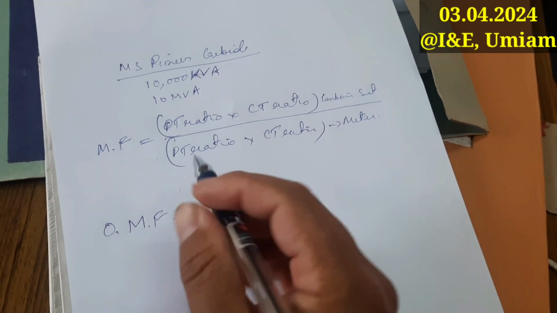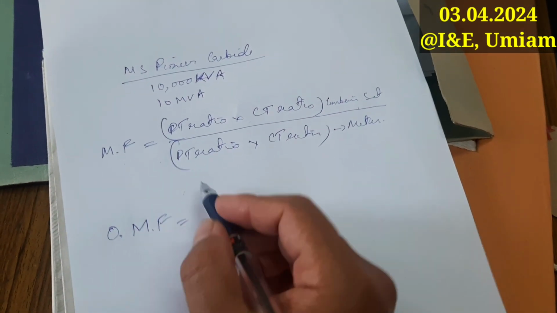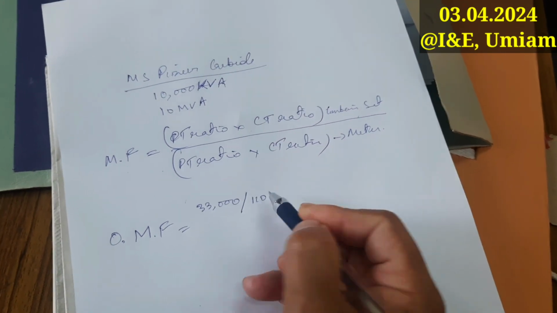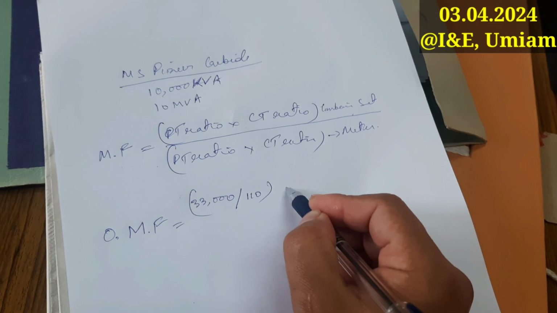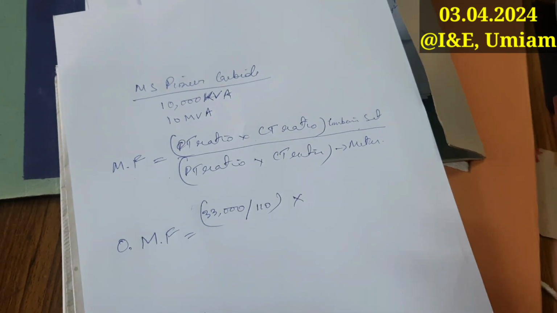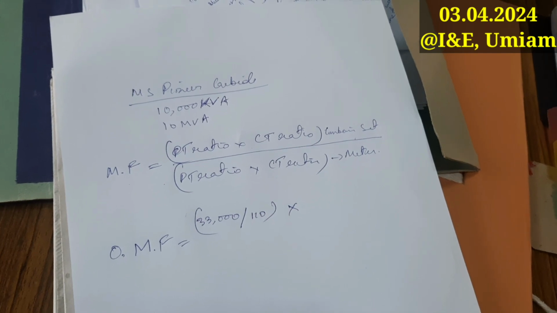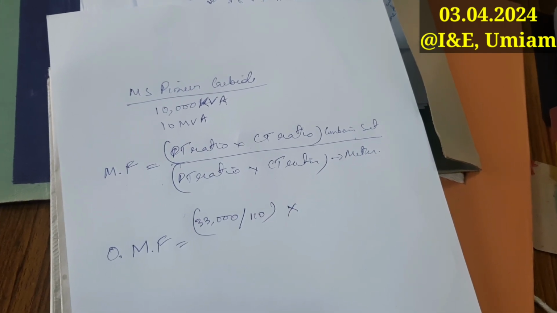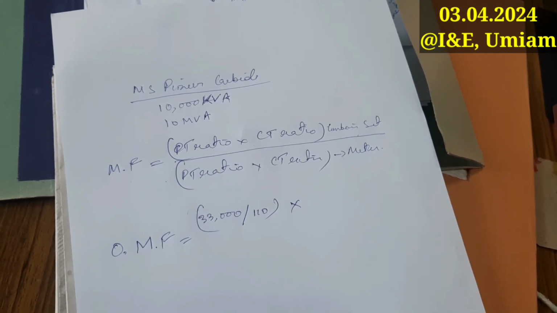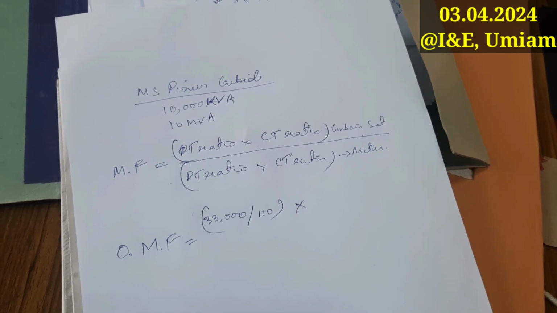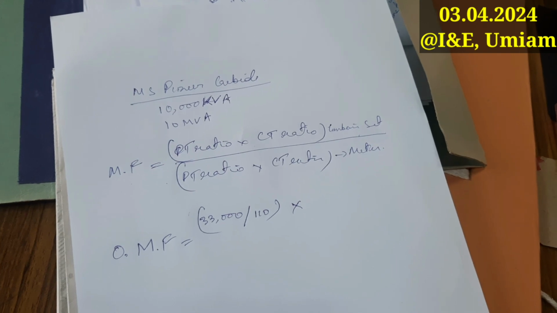Now let us calculate the overall multiplying factor. O.M.F will be the PT ratio of the combined set, in our case 33,000 by 110, where the secondary is 110 volt. Based on the calculation that if we load at 50%, at 5 megawatt or 7 megawatt, the corresponding primary current will be around 200-210.